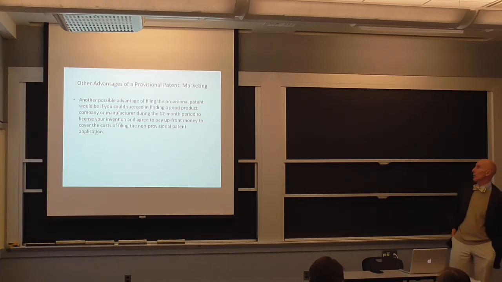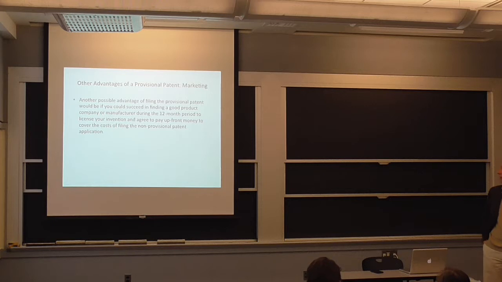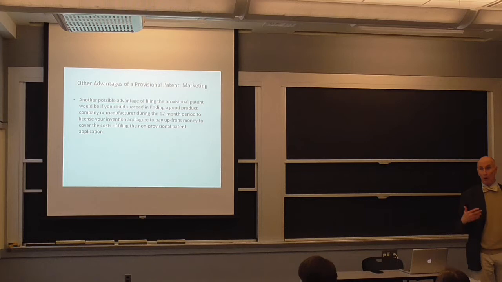Another possible advantage is if you could succeed in finding good product marketers, a company that wants to license and manufacture your invention during that 12-month period, they'll often pay the upfront money. So they'll hire the big law firm.